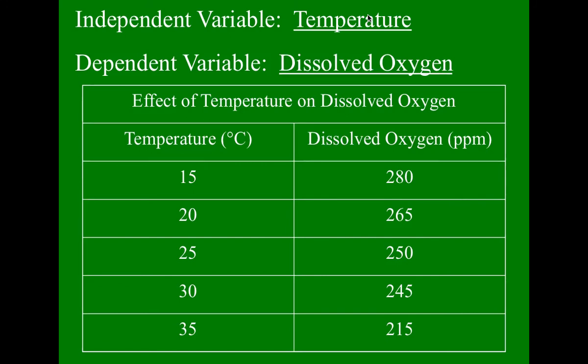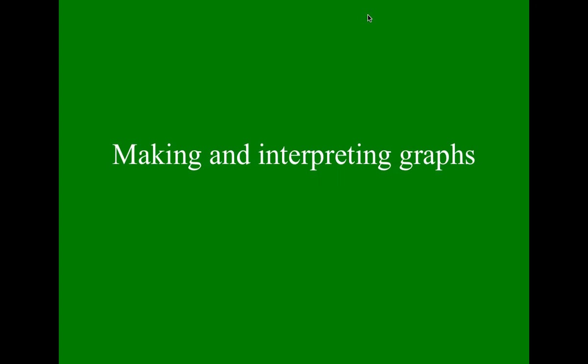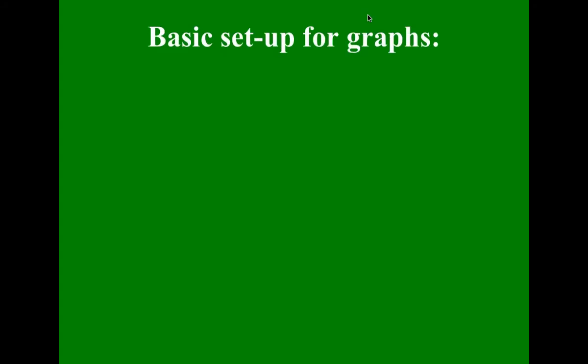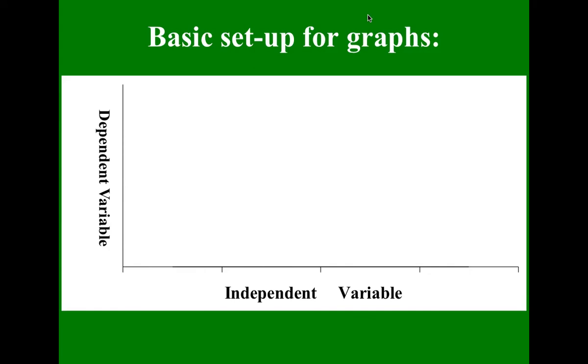Now, using our data from our data table, we often can construct graphs. And constructing a good data table actually helps us a lot when it comes to making a graph. So let's take a look at how we make and interpret our graphs. All right, so in that space where it says basic setup, you want to draw these axes.